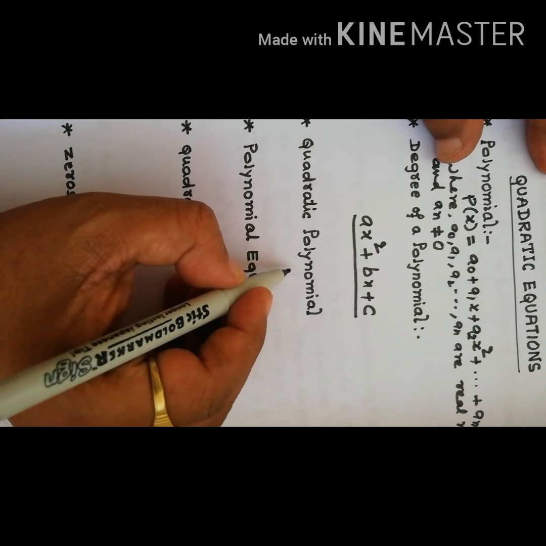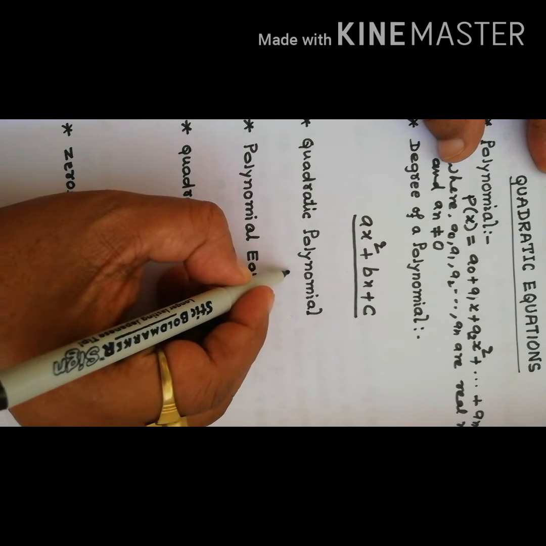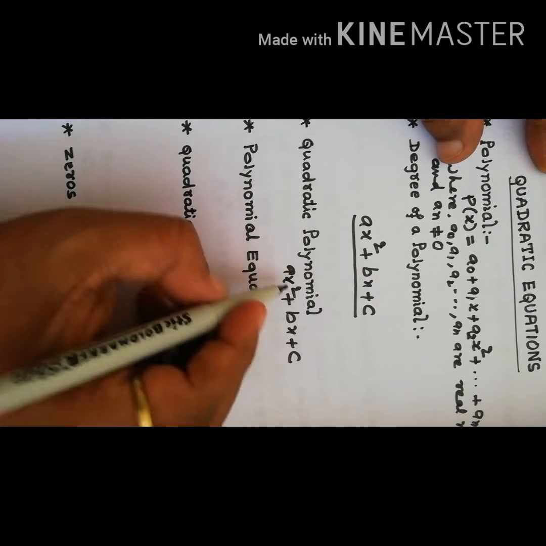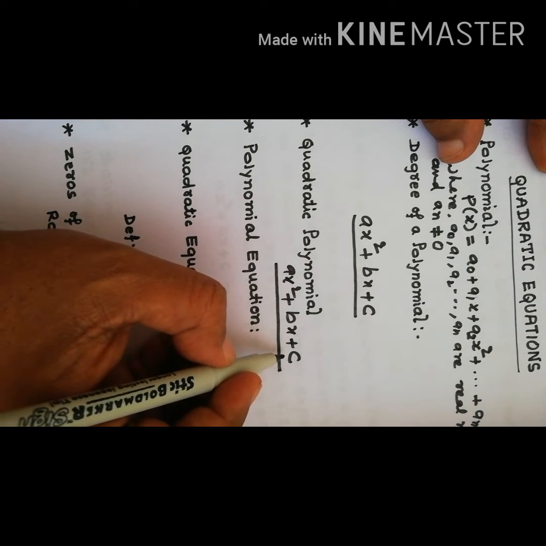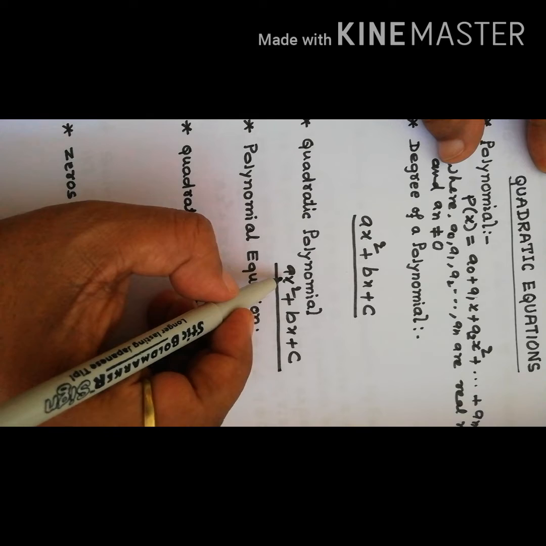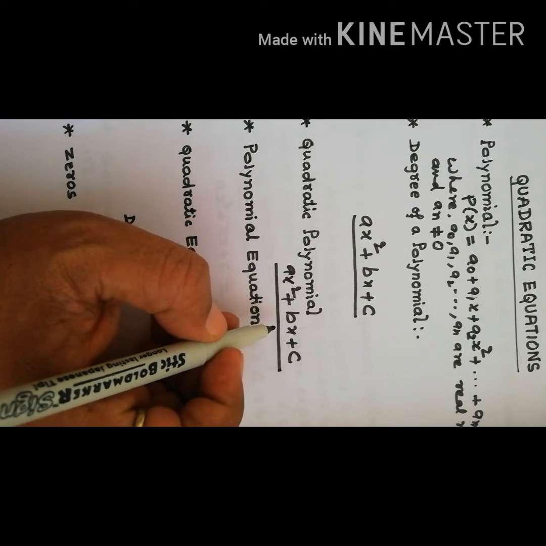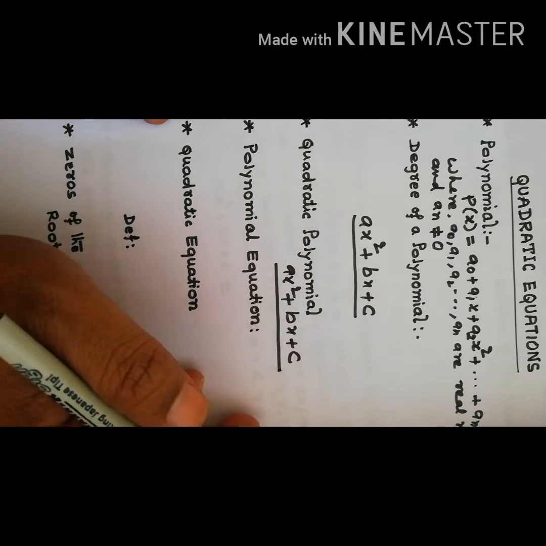So a quadratic polynomial is a polynomial of degree 2, ax square plus bx plus c, where a, b, c are real numbers and the highest power of x of the variable term is 2. Therefore, this polynomial is a quadratic polynomial.